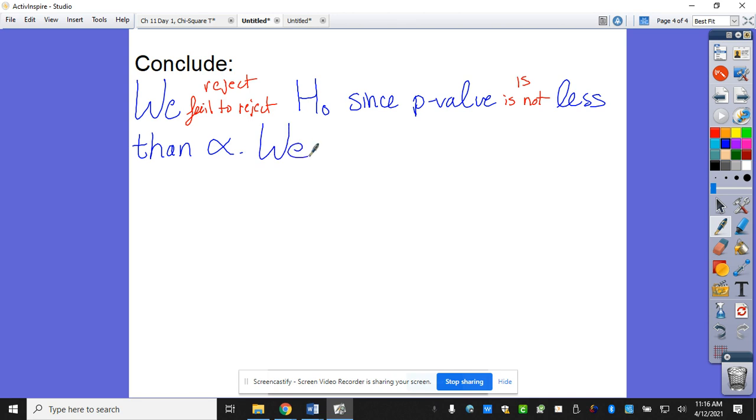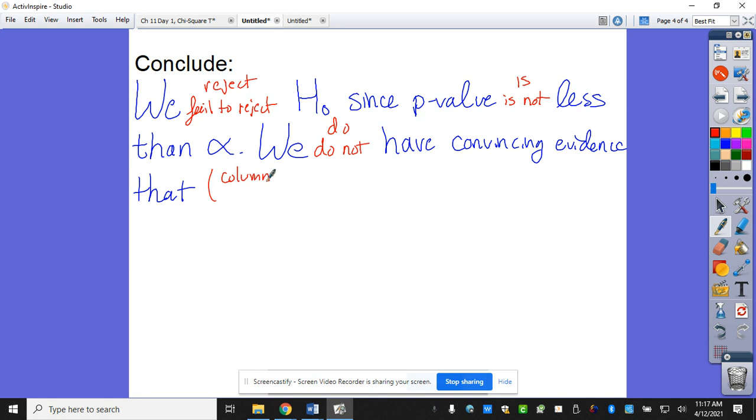Which means that we... and then we're just rewriting our alternative here. So column variable and row variable.